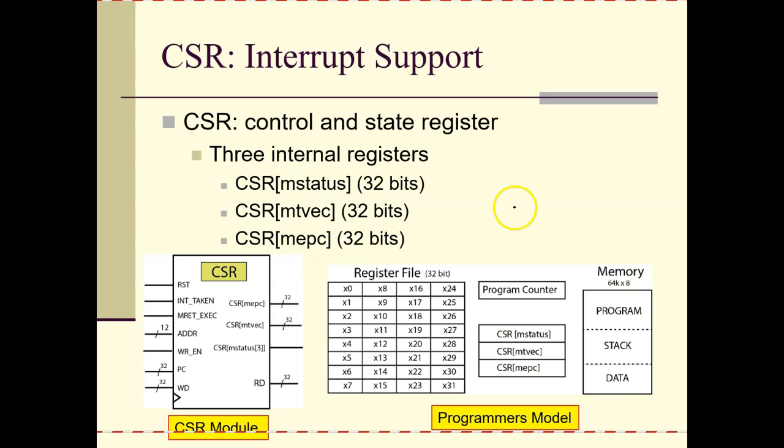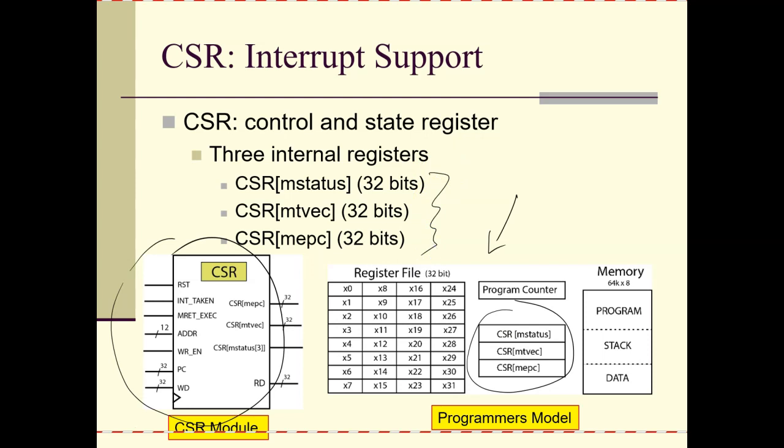So this is our programmer's model, and we've costed out this before, but what we had in there was a notion of these three registers. These are three 32-bit registers inside this CSR module, which is the control and status register, and it's these three registers that are used to support interrupts.